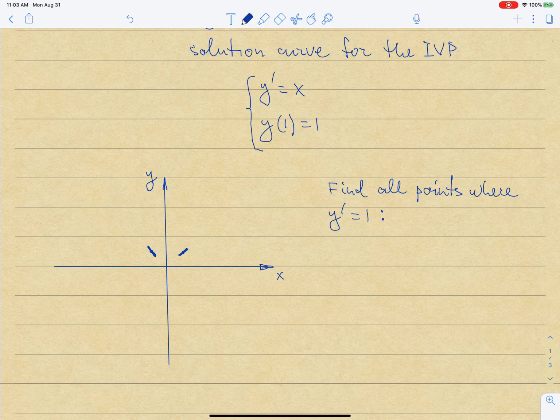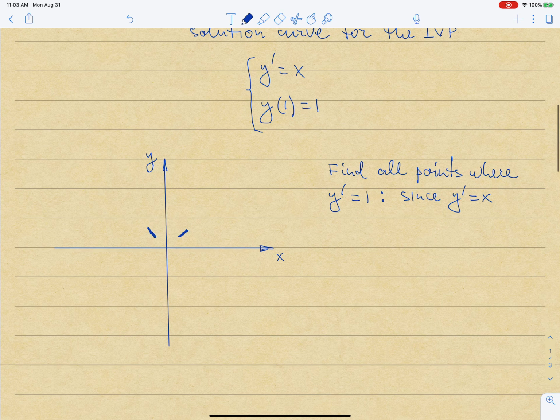Okay, but since y prime is always equal to x, I want y prime equal to 1, y prime is equal to x, and so x is equal to 1. Now, what is the set of points corresponding to x equal to 1?